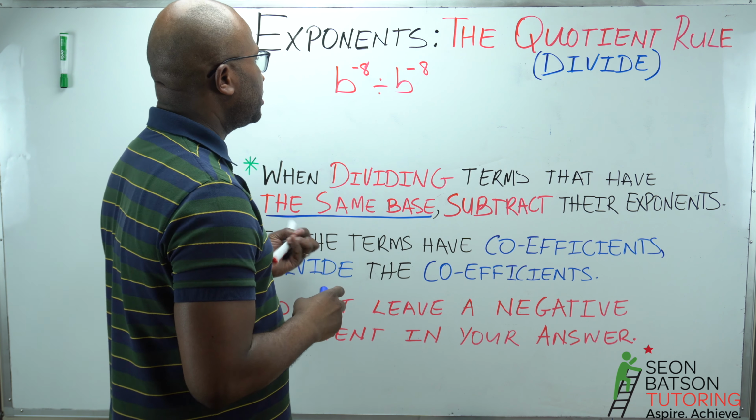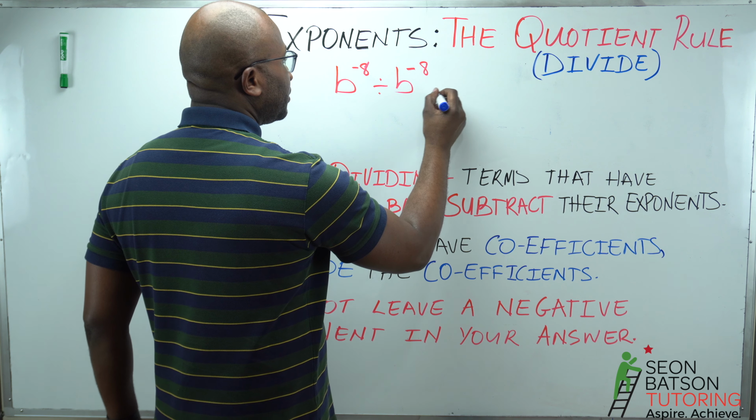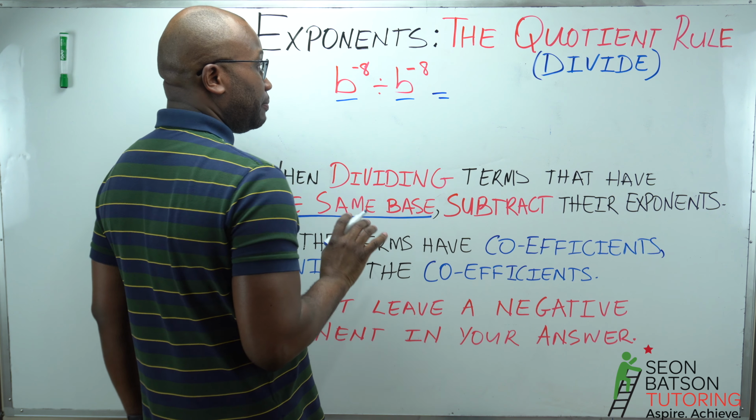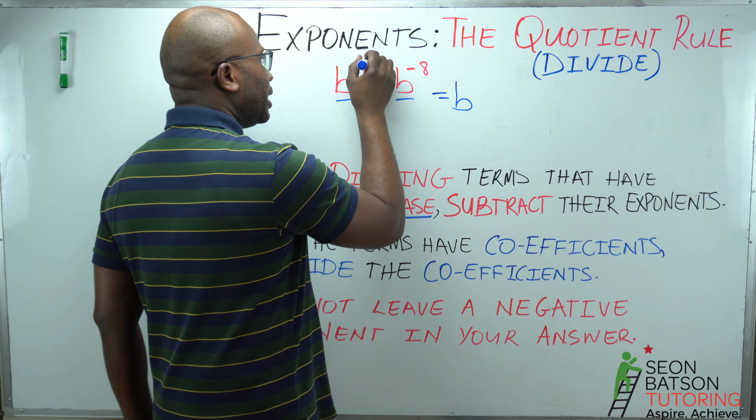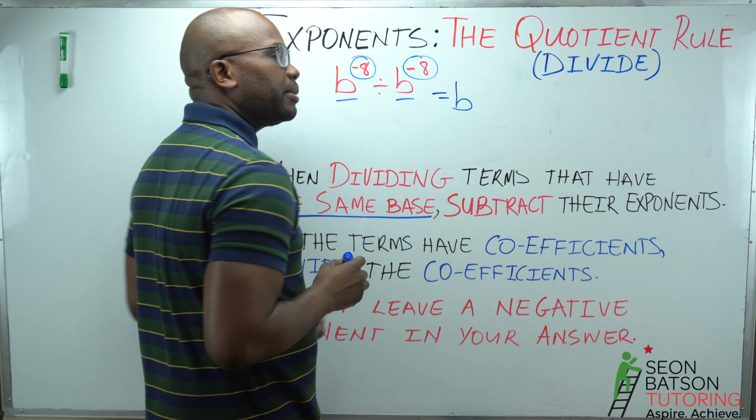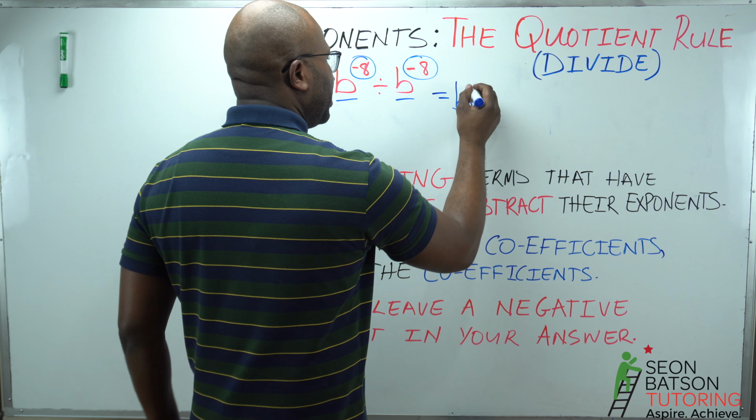Let's try this one right here and see what happens. So again, our bases are the same. So we put our b back. And since the bases are the same, we can subtract the exponents. So it will be negative 8.